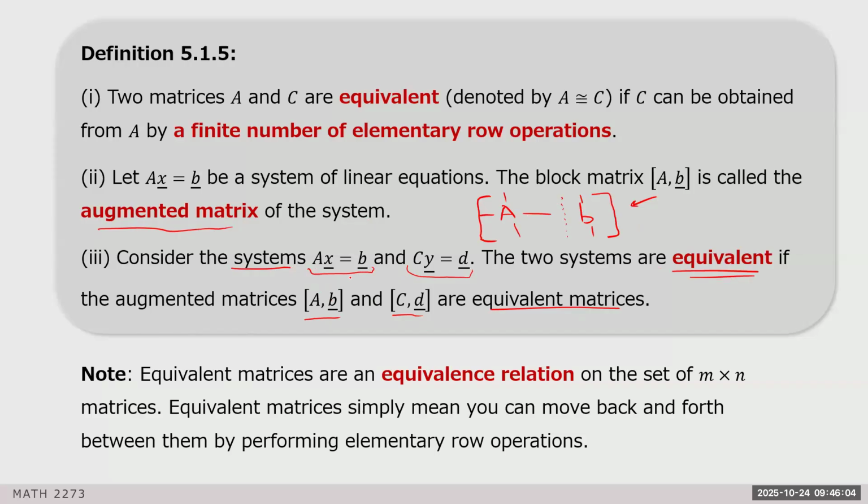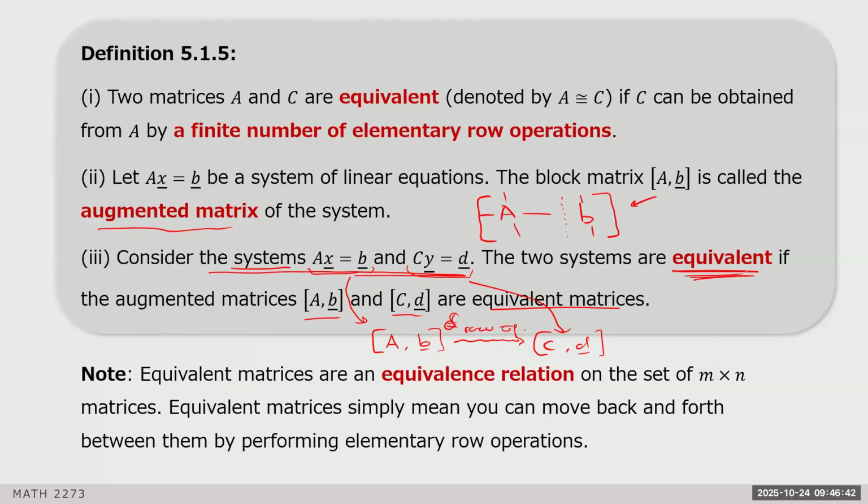That means take this system, form the augmented matrix AB, take this system, form its augmented matrix CD. If it is possible to go from this system to this system by performing a finite number of elementary row operations, then we say that these two systems are equivalent. Why is this important?